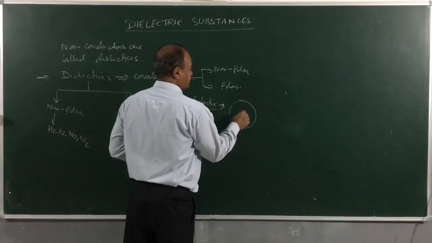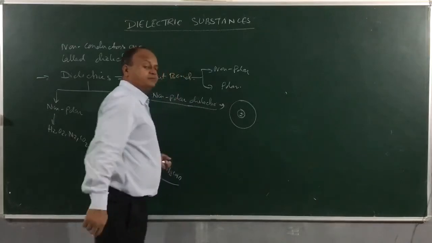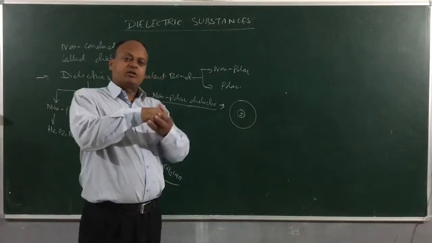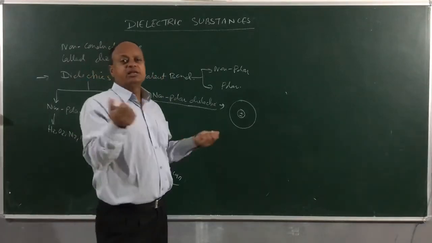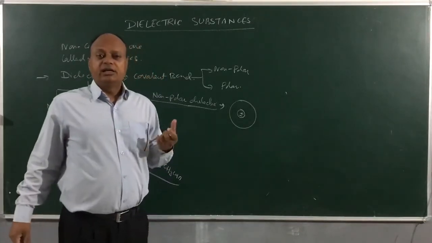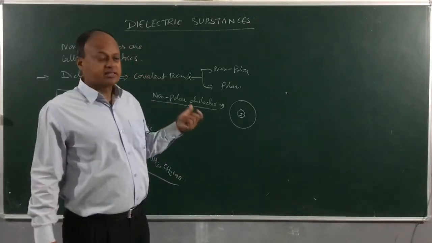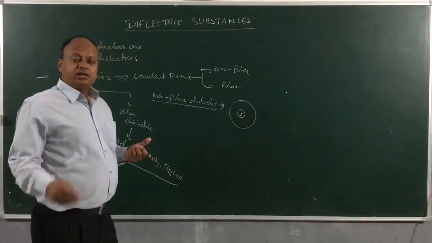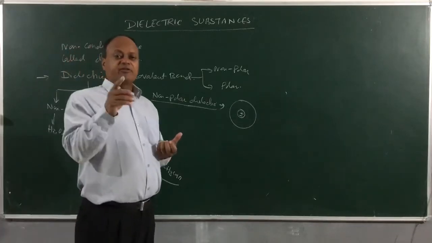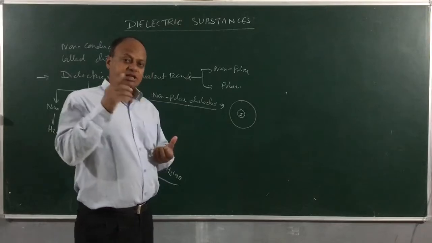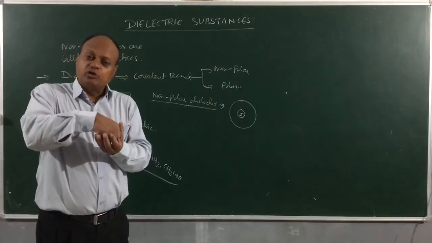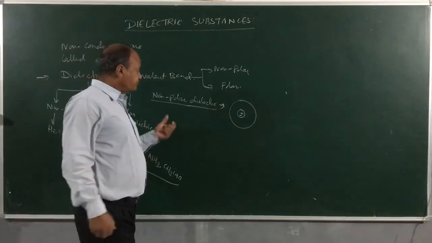You can see that the nucleus is very closely surrounded by electrons. Hence, there are no free electrons, there are no free charge carriers. The center of gravity of positive charges is surrounded by the center of gravity of negative charges. They are both coincident on each other, like this.